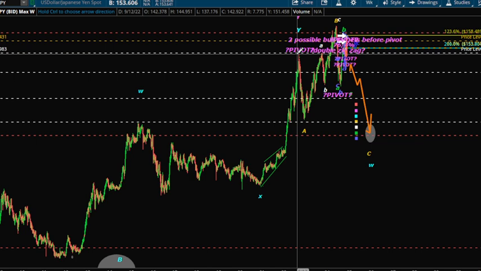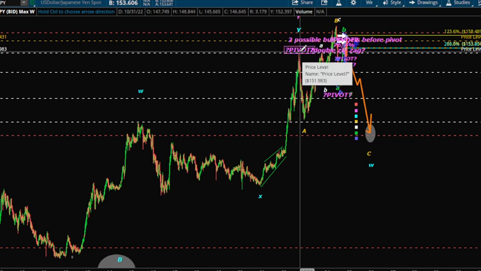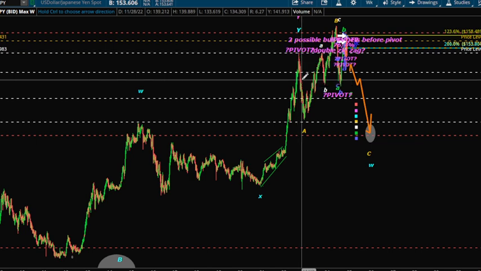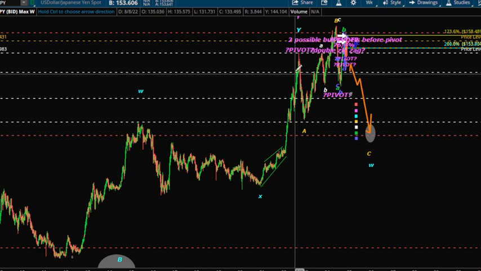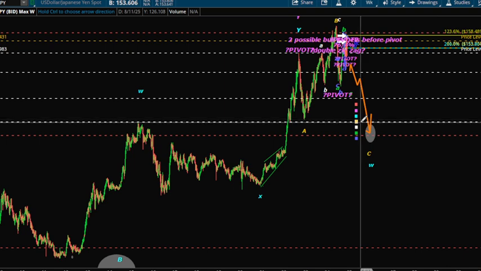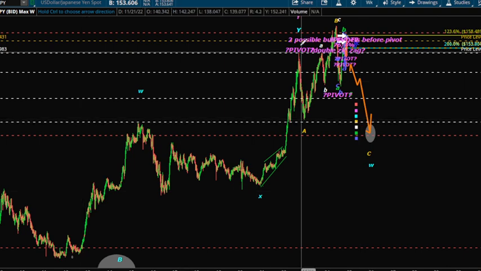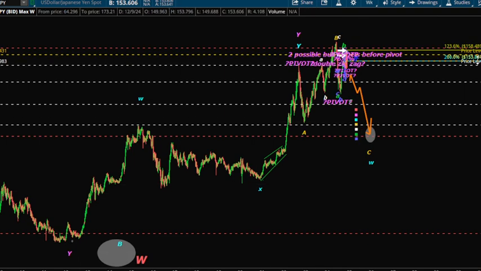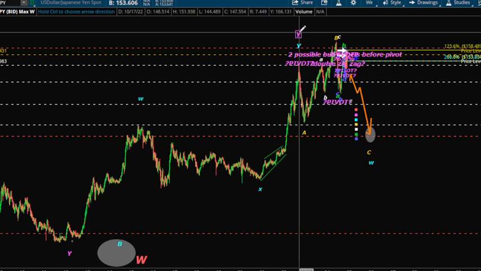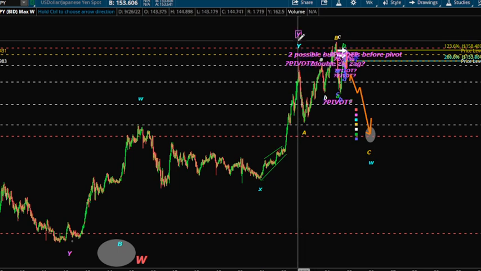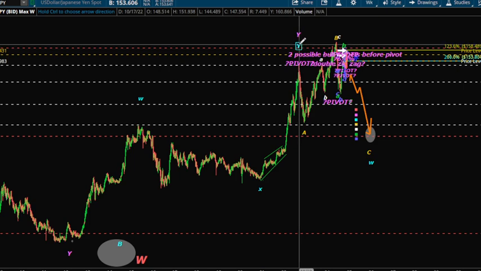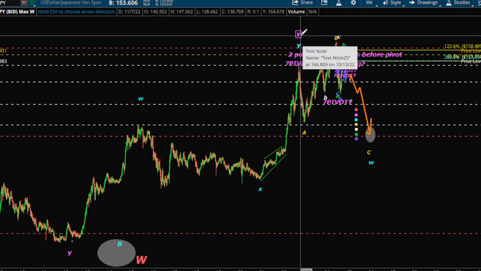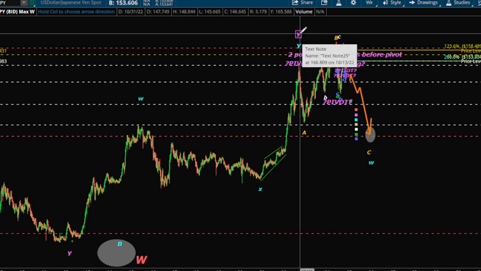So I have this as a pivot, and the downturn is looking like an expanded flat here. So zigzag, expanded flat, and then whatever's to come after that. So this WXY is a lesser degree of a Y leg. So we have 2 degrees indicated here, the blue being the intermediate, and the purple being the primary.